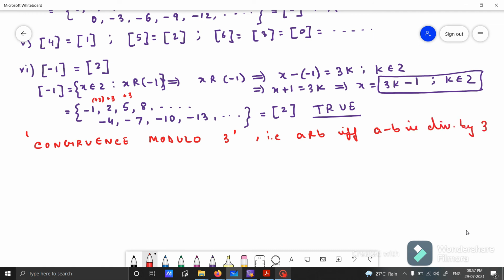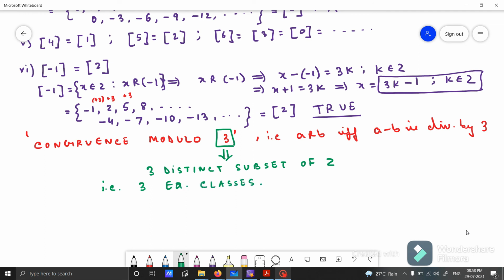So you can see why this number 3 is so important, because I have taken congruence modulo 3. That is why I have got 3 distinct subsets of Z. That is, I have got 3 equivalence classes.